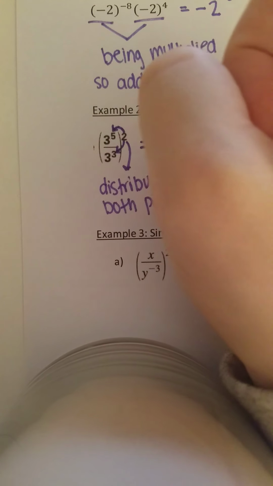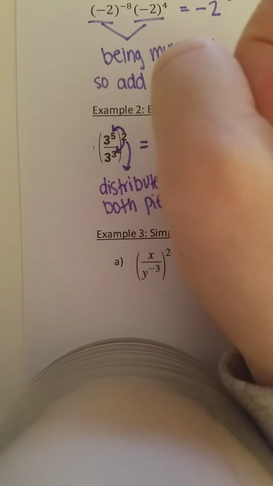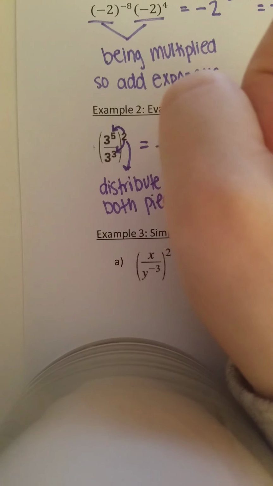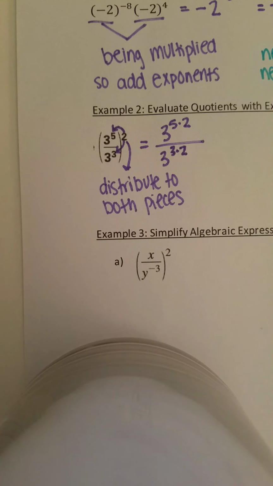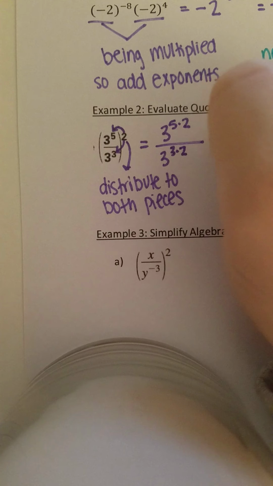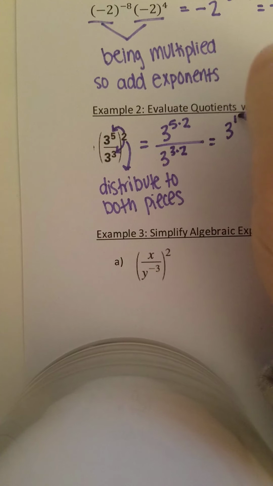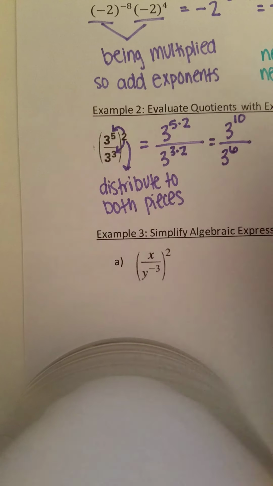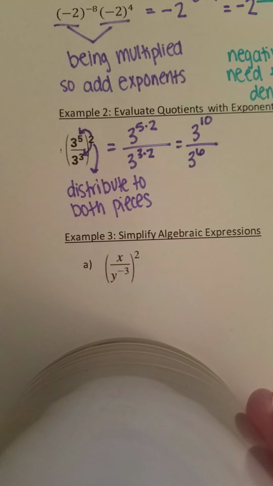In this case, this will equal 5 times 2, and 3 times 2. So the two exponents are being multiplied. So this equals 3 to the 10th power over 3 to the 6th power.